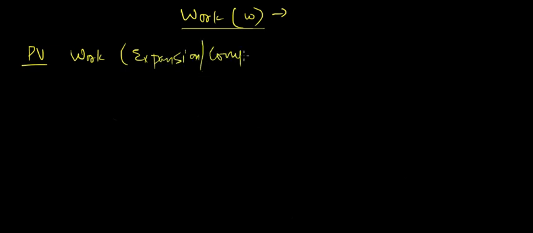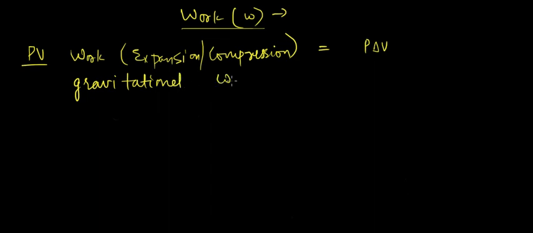If we talk about PV work, then PV work is either expansion or compression, so that would be P delta V. And if we talk about gravitational work, then it would be mgh. M is the mass, g is the gravity, and h is the height.